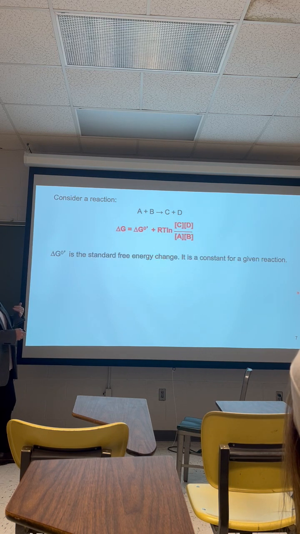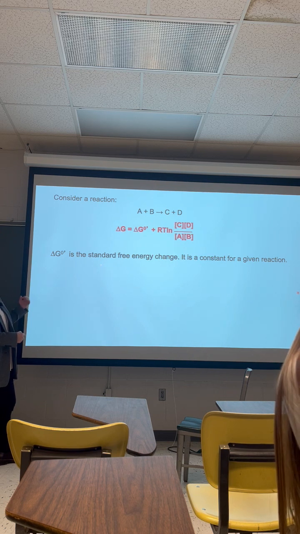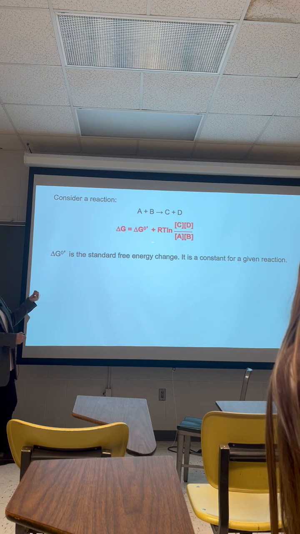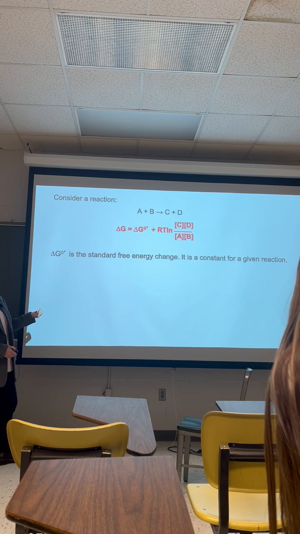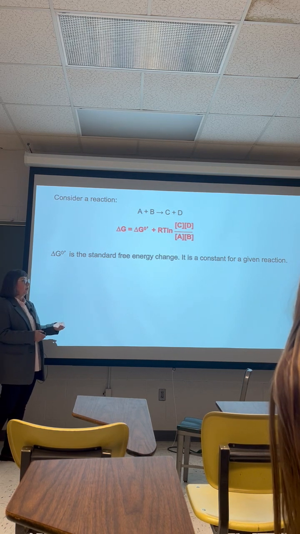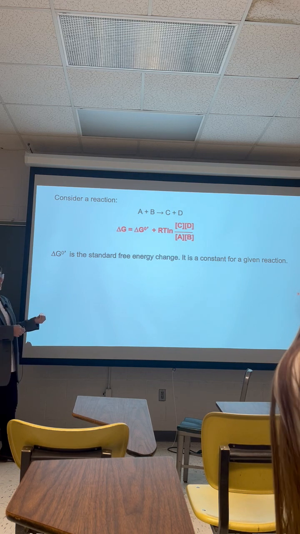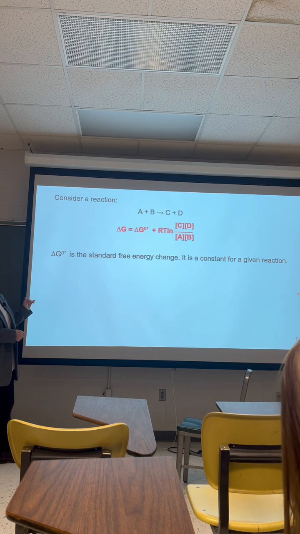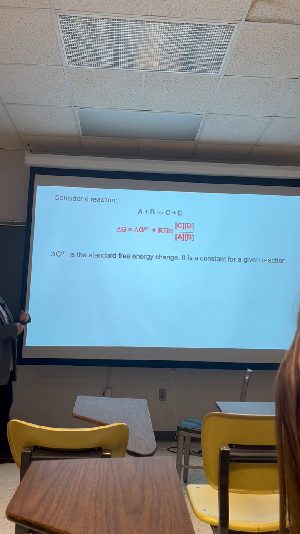Delta G equals delta G0 prime, which is the standard free energy change. And this is a constant for a given reaction. So whatever reaction, hydrolysis of ATP, whatever, this is constant for a given reaction. You can Google it, you can find it in a textbook.